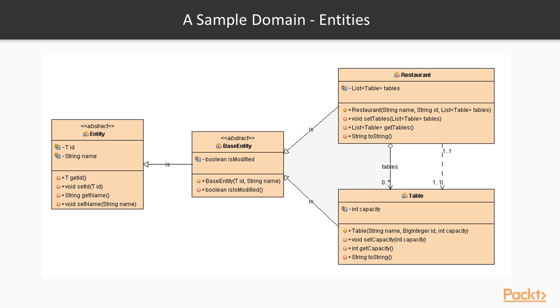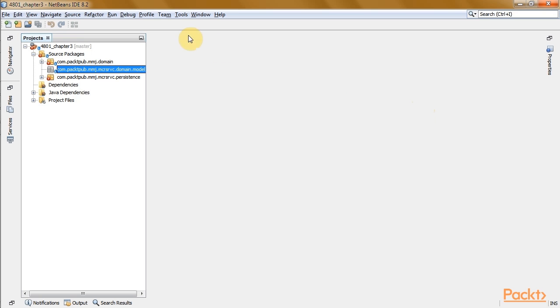Now first we'll write the entity abstract class, then we'll write the base entity abstract class, and at the end we'll write the implementation of restaurant and table entities. So let's start entity.